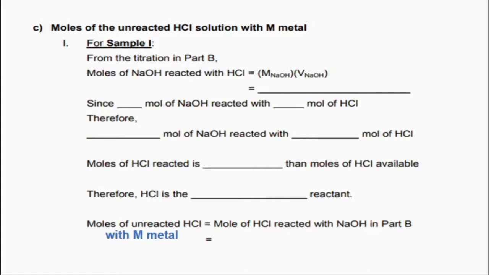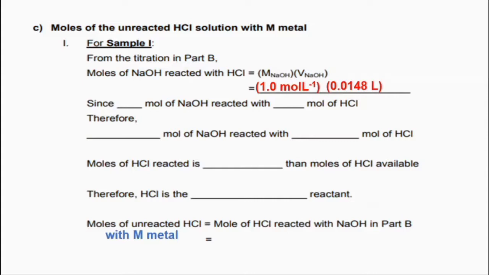For sample 1, from the titration in part B, moles of sodium hydroxide reacted with HCl equals molarity of sodium hydroxide times volume of sodium hydroxide. The molarity of sodium hydroxide was 1 molar, and remember for this titration, for the volume of sodium hydroxide, we are going to use 0.0148 liters.